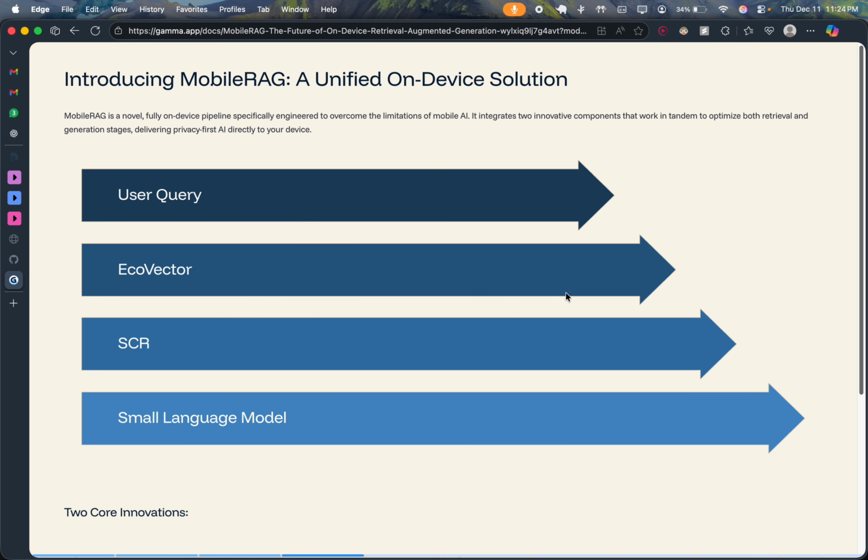So we have introduced MobileRAG, a unified on-device solution. It is a fully on-device pipeline specifically engineered to overcome the limitations of mobile AI. It integrates two innovative components that work in tandem to optimize both retrieval and generation stages, delivering privacy-first AI directly.